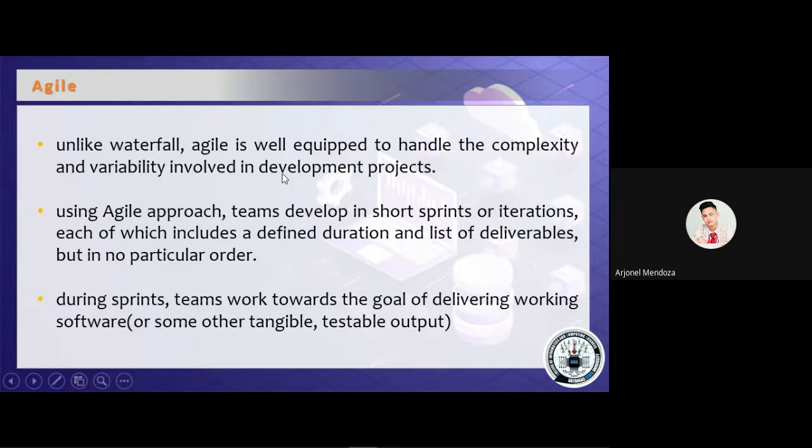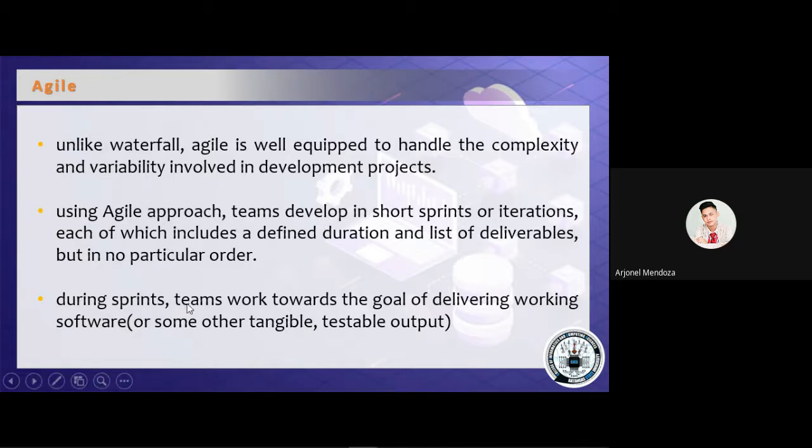So unlike Waterfall, Agile is well equipped to handle the complexity and variability involved in the development projects. Using Agile approach, teams develop in short sprints or iterations, each of which includes a defined duration and list of deliverables but in no particular order.